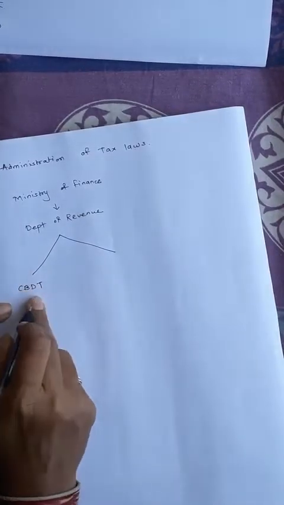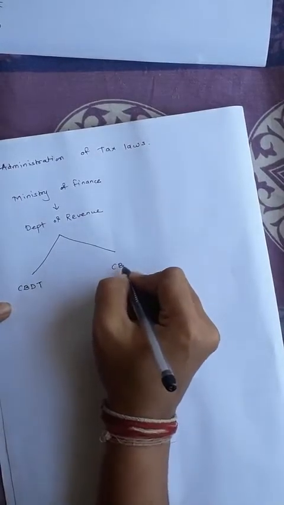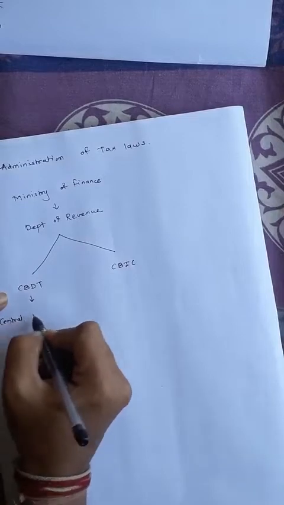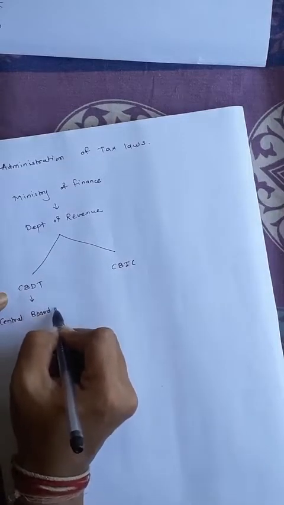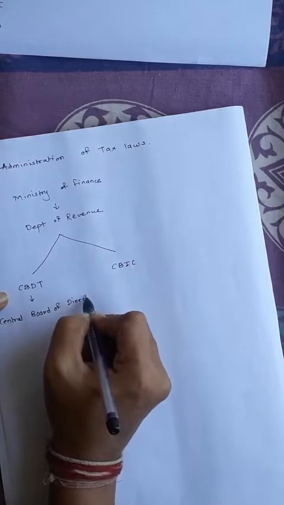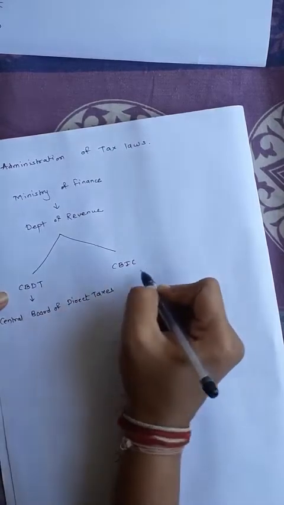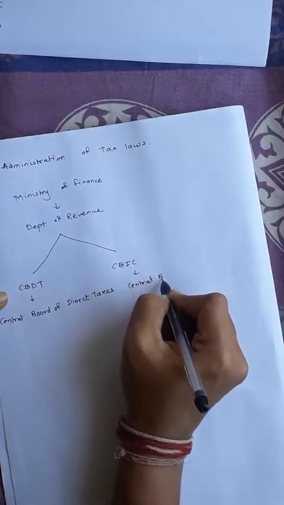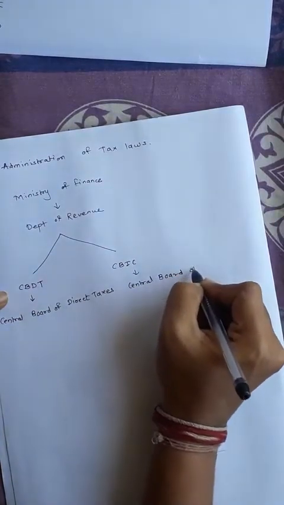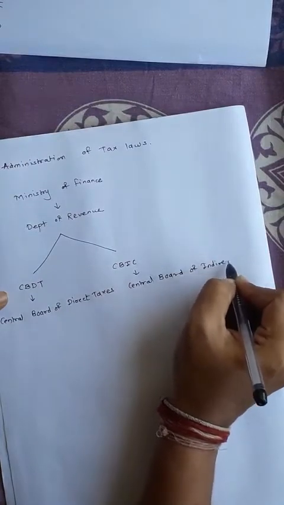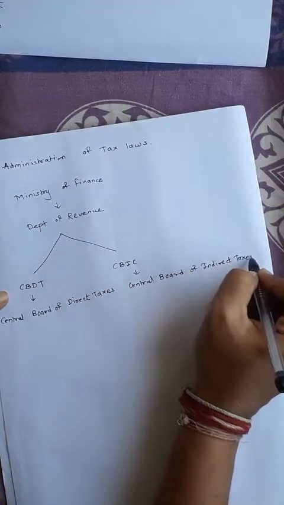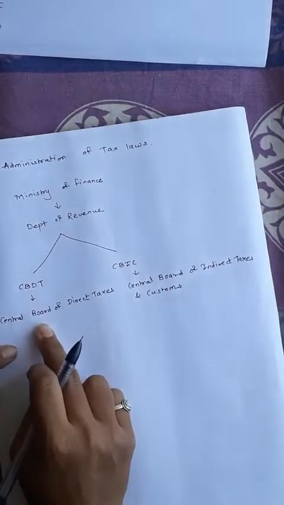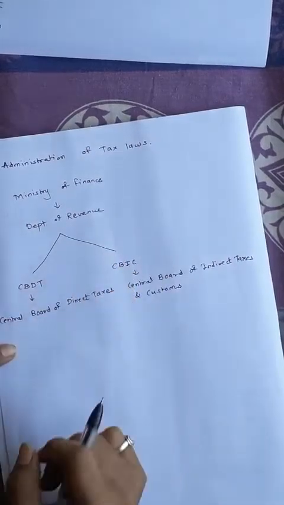First is CBDT and another is CBIC. CBDT means Central Board of Direct Taxes, and CBIC means Central Board of Indirect Taxes and Customs.